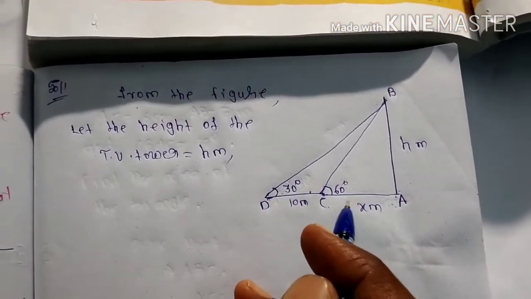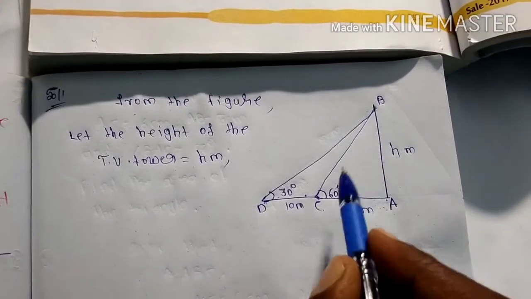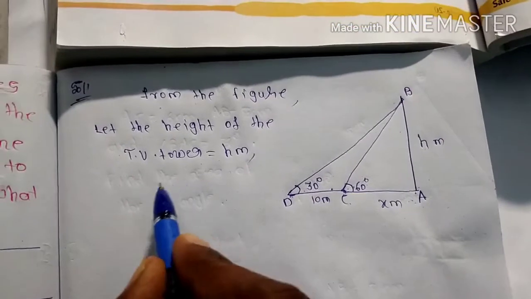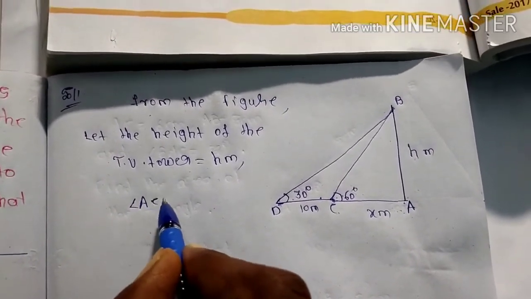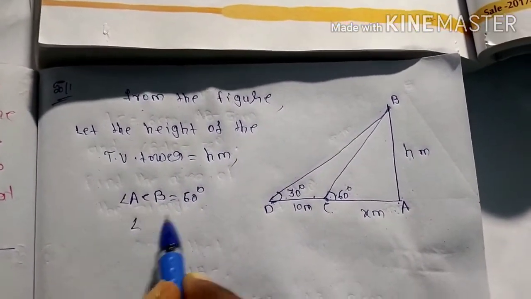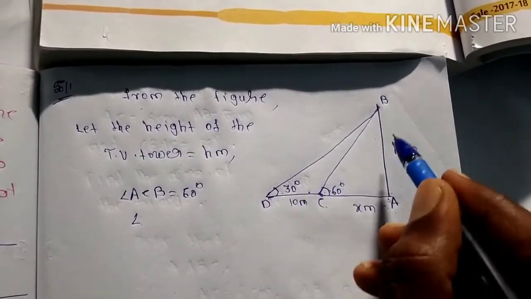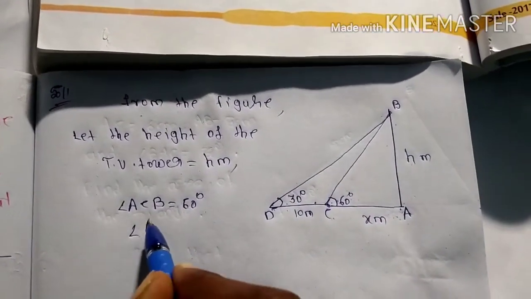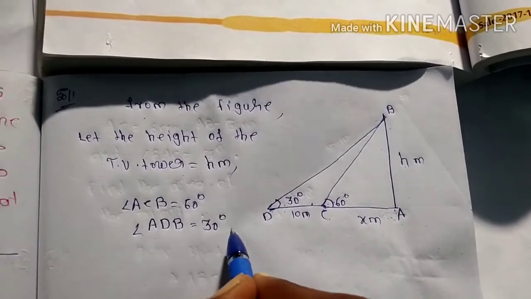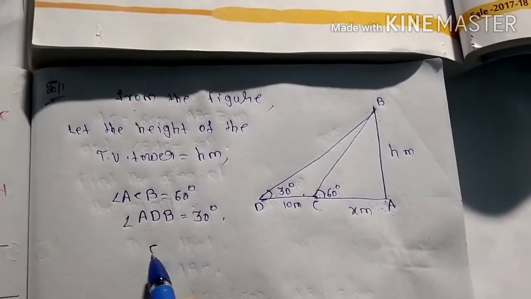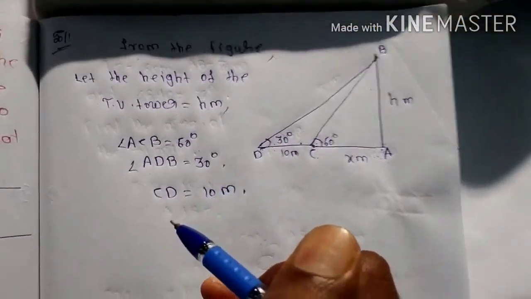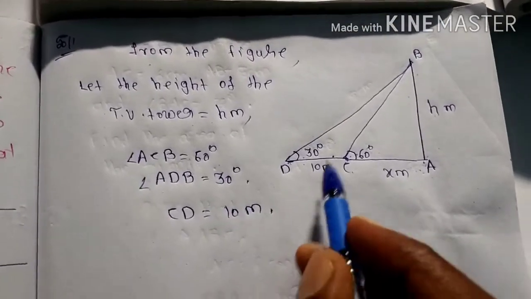Next, the angle of elevation from point C, angle ACB, is equal to 60 degrees. Angle ADB is equal to 30 degrees. Distance CD is equal to 10 meters. Just try writing the given information only.